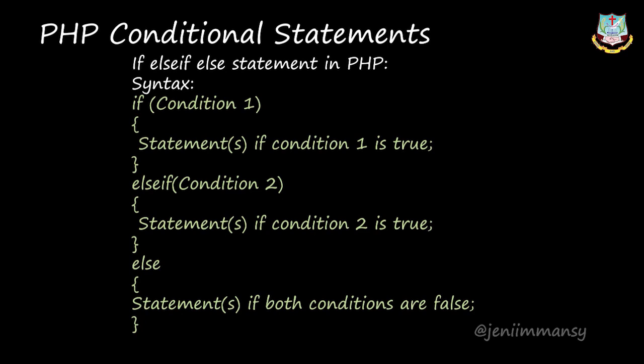At last you have to give else and then the statement. If all the other conditions are false, then the last else part will be executed and whatever is inside the else part will be displayed. This statement or set of codes will be inside the open and close parenthesis.